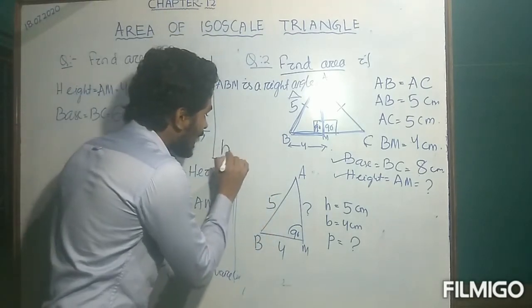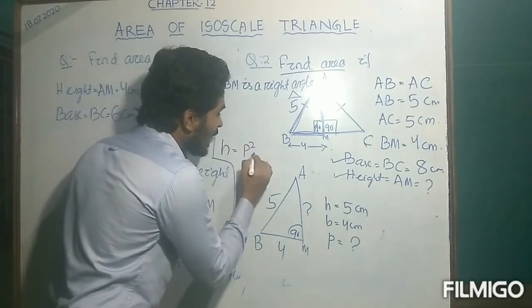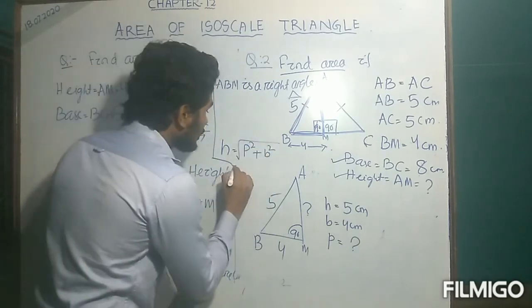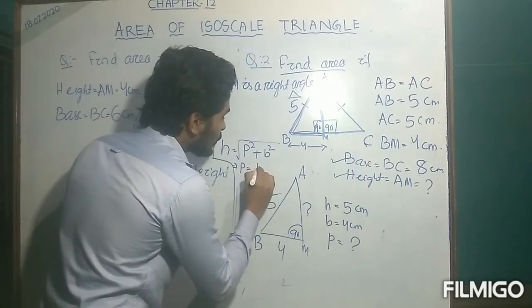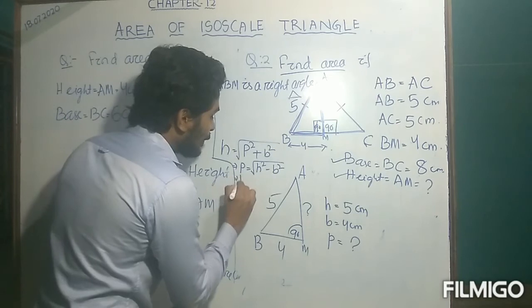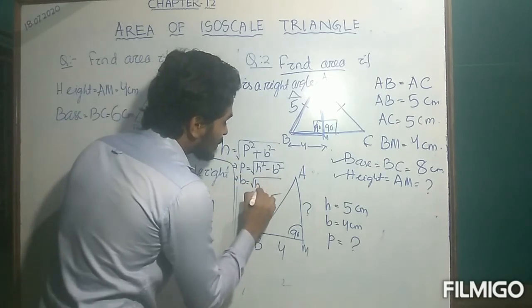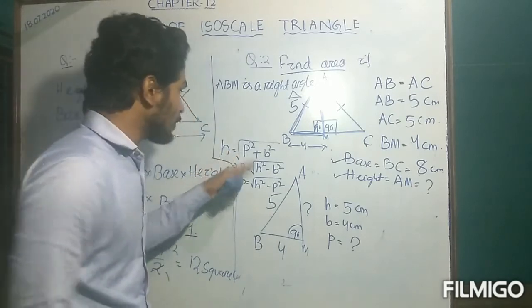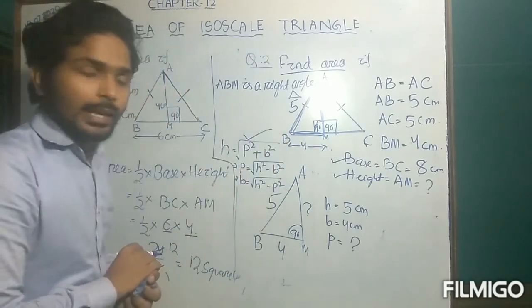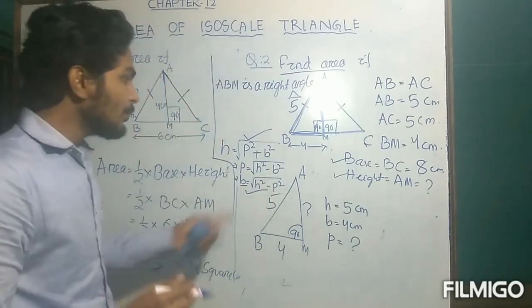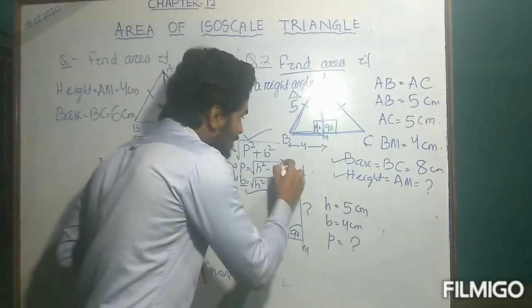H is equal to square root of P square plus B square, or P is equal to square root of H square minus B square, or B is equal to square root of H square minus P square. If we need to find H, we will use the first formula. If we need B, we can use this formula. If we need P, we can use this formula.